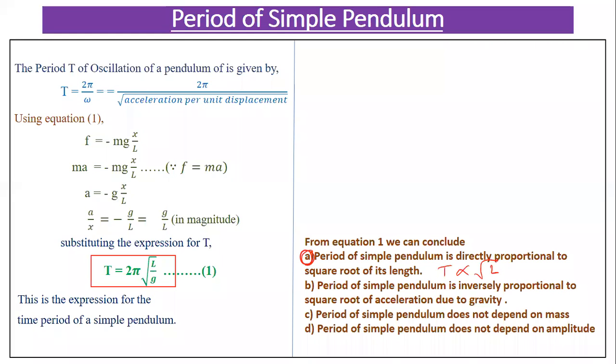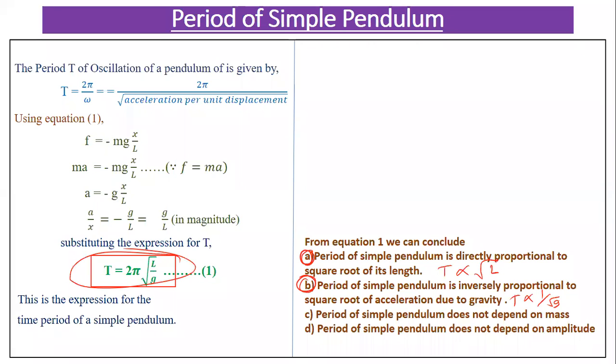Second conclusion: the period of a simple pendulum is inversely proportional to the square root of acceleration due to gravity. Means T is inversely proportional to the square root of g. So this is the second conclusion by this formula.